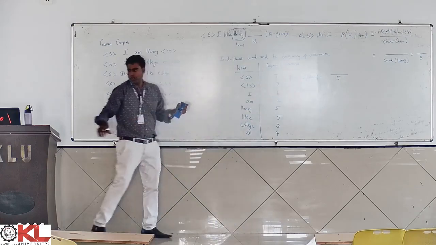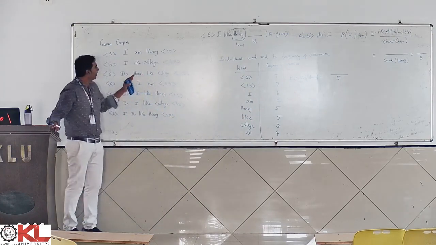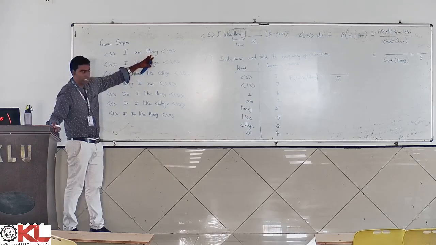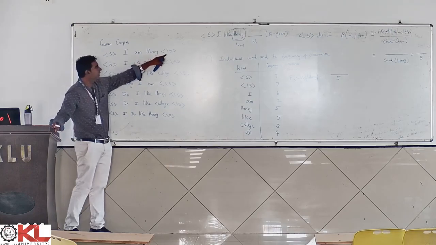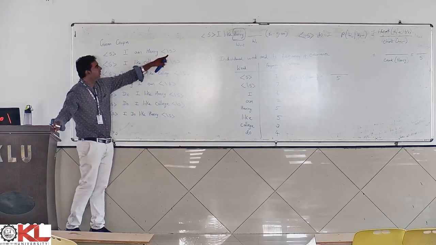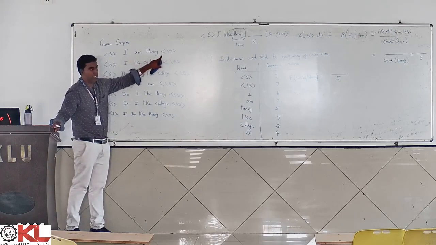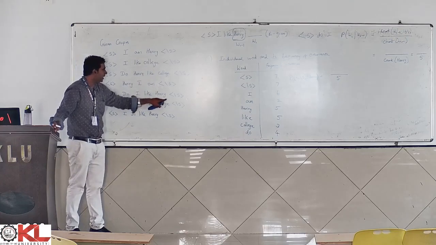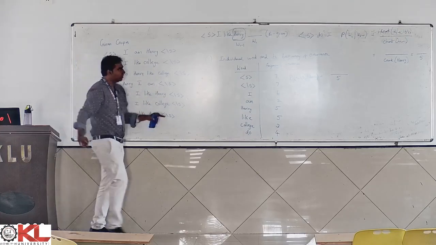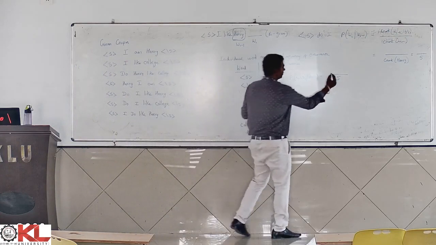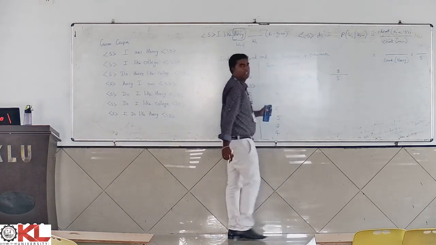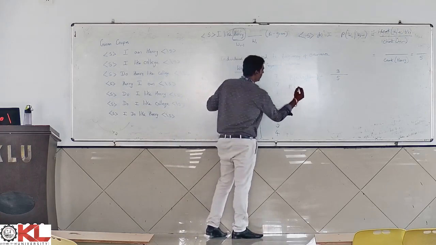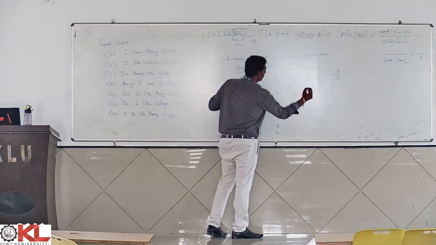Now I am coming to the given corpus and checking after Henry how many times end of sentence comes. Here, first sentence 1 time. Then the next ones 0, 0, 0. Second time. Third time. So 3 times it comes.